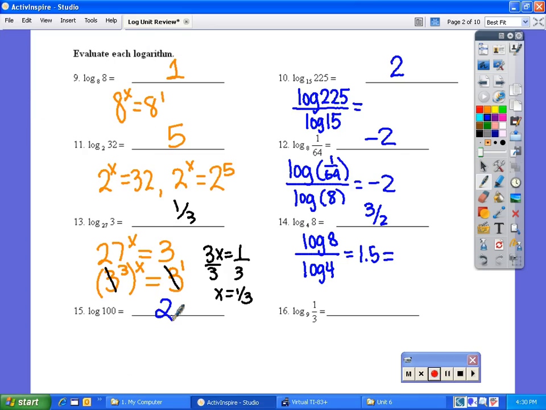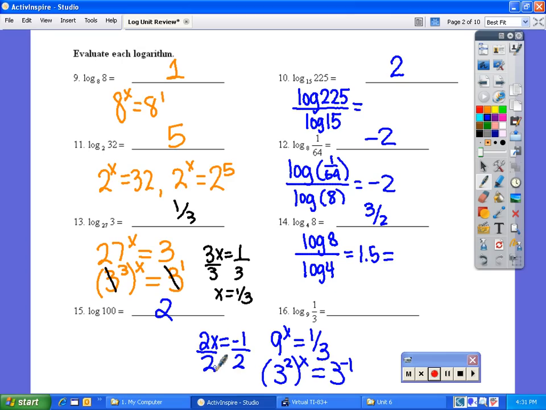And the last one, if you want to do it by hand, you can get a base of 3 for both of them. And this would be 3 to the -1. So 2x equals -1. Divide by 2, you get -1/2.